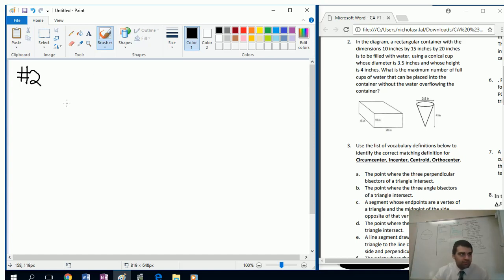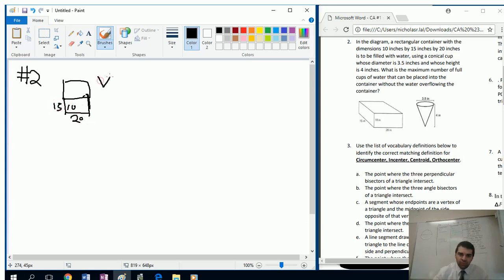You have your rectangular prism, and I'm going to make a very shoddy drawing of a rectangular prism, which is going to be 20 by 10 by 15.